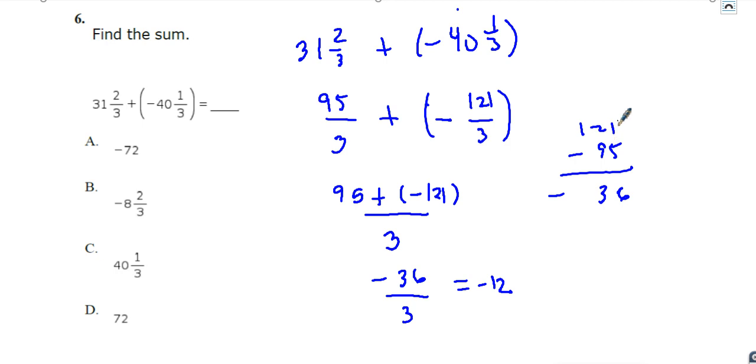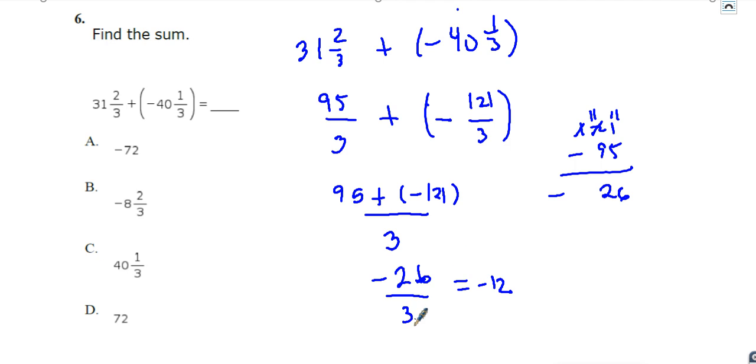This is still going to be 11, but now this is going to be a 1, so this becomes 11. 11 minus 5 is 6, and 11 minus 9 is 2. So negative 26 over 3.